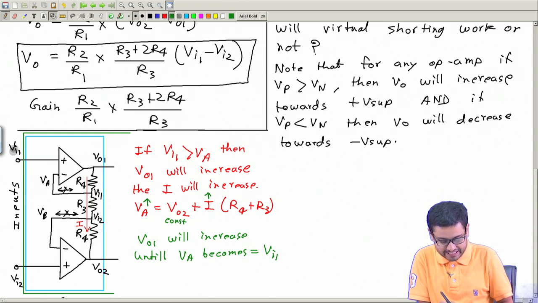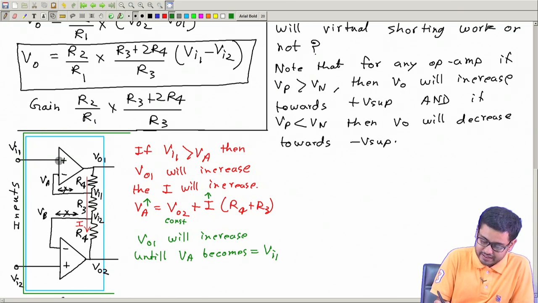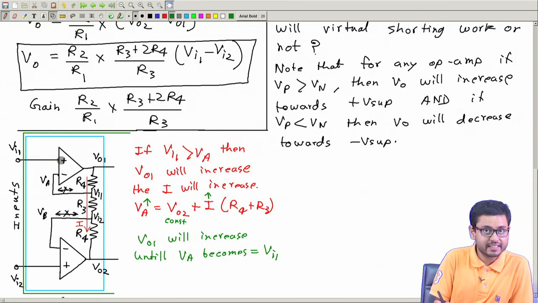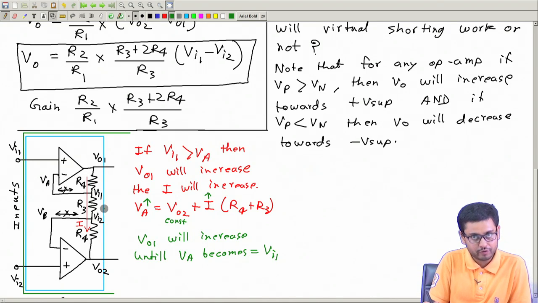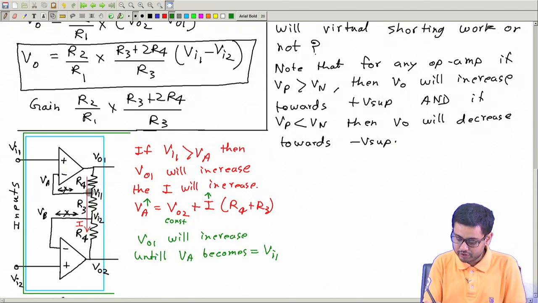Similarly, if you decrease this, just think it on your own. If you decrease it, then this positive input is decreasing, and if it goes down below Va, then Vo1 will come down. If Vo1 comes down, then this current I comes down. If I comes down, then this potential also comes down.